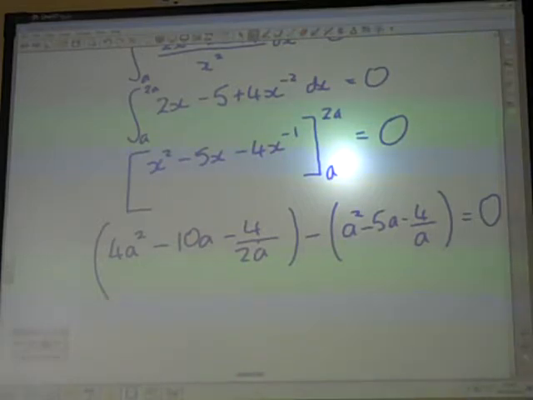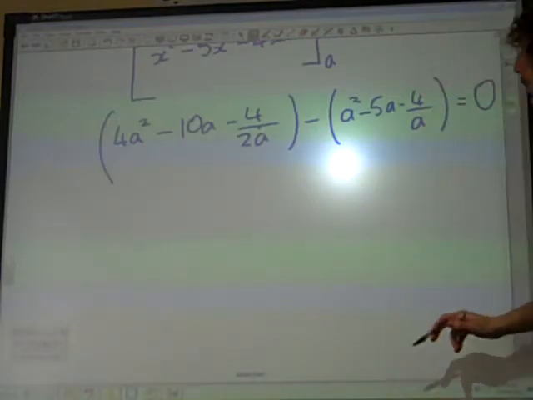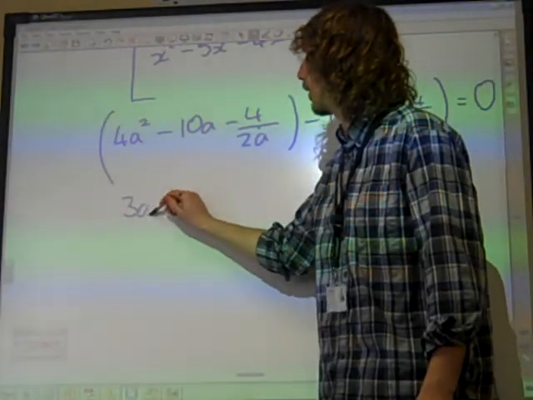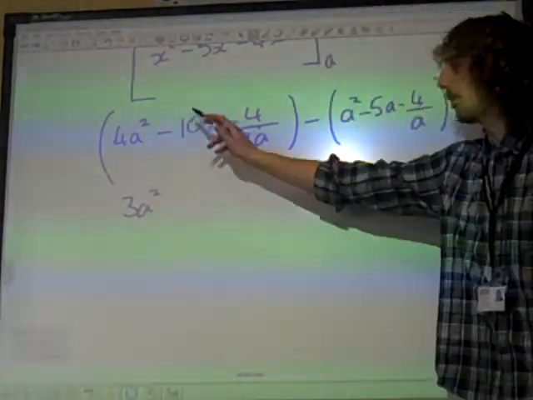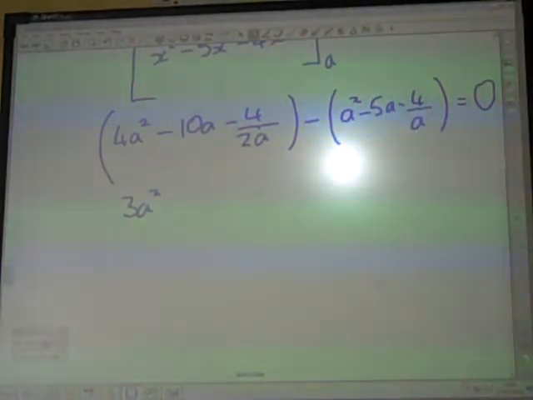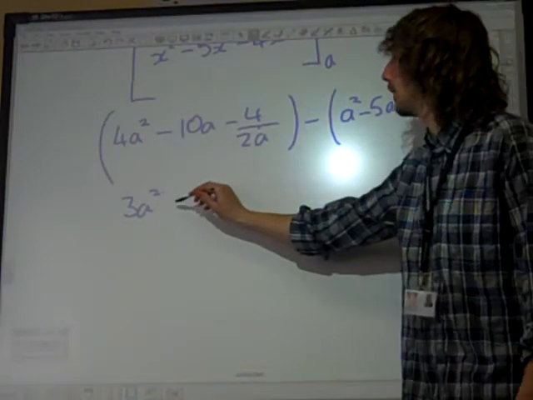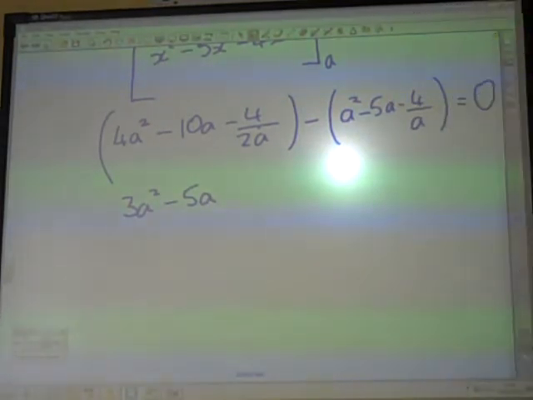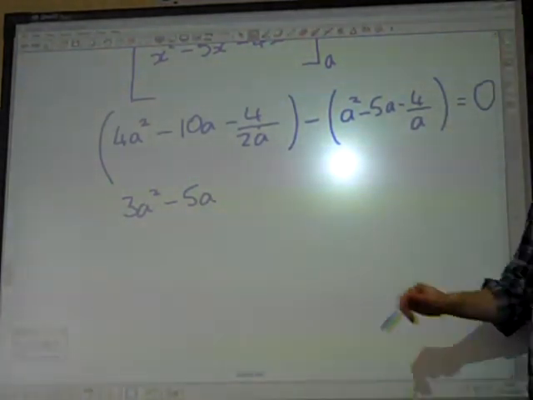We need to tidy this up a little bit. What have we got? We've got 4a squared, but we take away an a squared. That looks like 3a squared. We've got minus 10a minus 5a. So that's negative 10a, but then we're adding 5a to that. So that's minus 5a. I'm just going to go a bit steady with this bit.